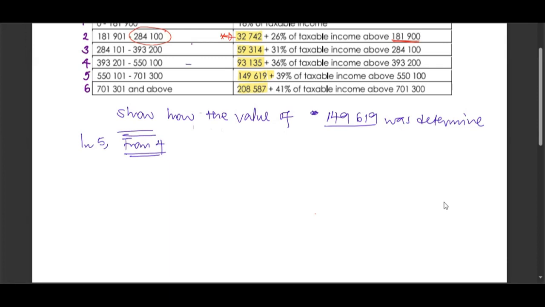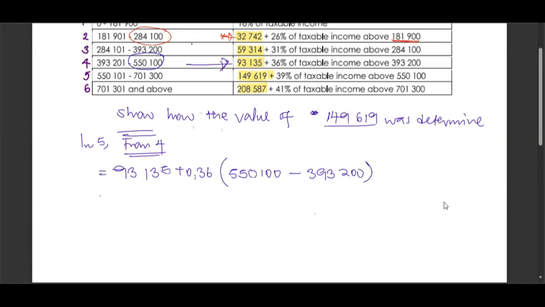We shall come here, we shall use this bracket. We shall say 93,135 plus 36% into brackets. You take the maximum number, this one here, 550,100 minus 393,200.